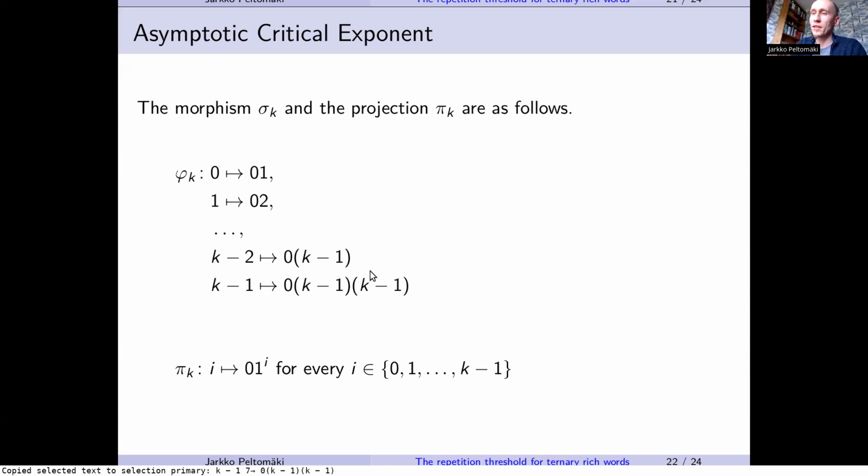So all of these initial ones, the images have length 2, and this has length 3. And the projection, how you project this k-letter word to a binary word, is simply that each letter i you map to 0, 1 to the power i, no matter what i is. So that's that.